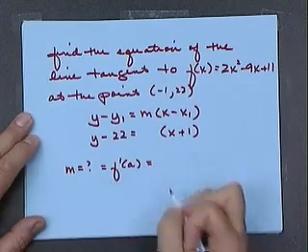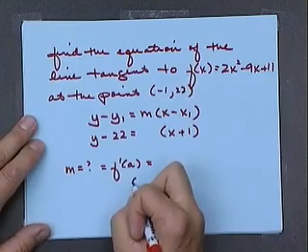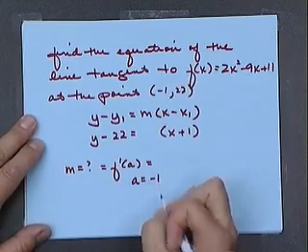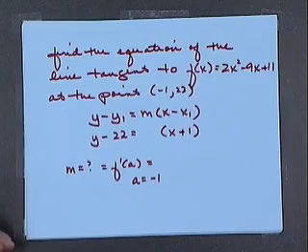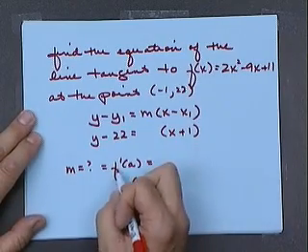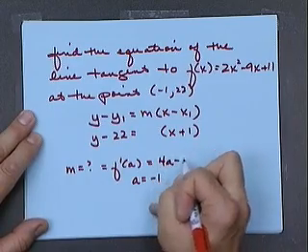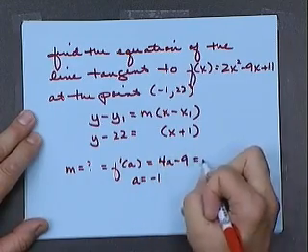So we know f prime of A is in fact the slope, and what is A? -1? Yeah. A is our specific x value. In this case, it's -1. So what was the f prime? 4A minus 9. Thank you.